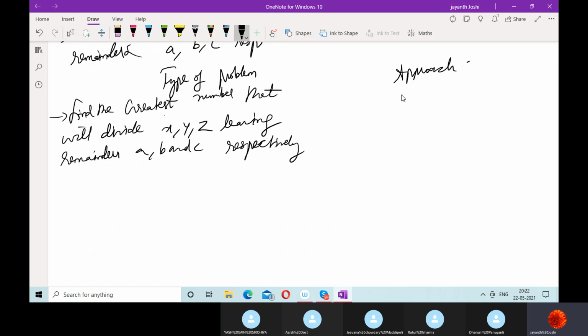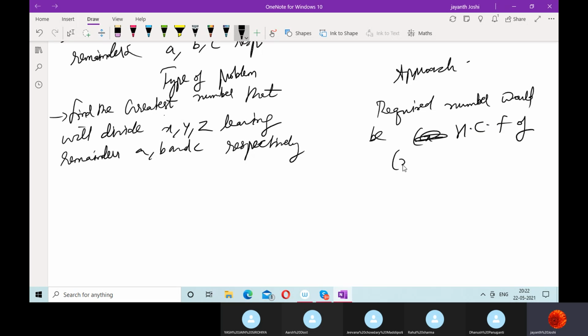So what is the approach for this? So required number would be HCF of X minus A. See, this is the number. Find the greatest number that will divide this, leaving remainders this. This is the dividend.